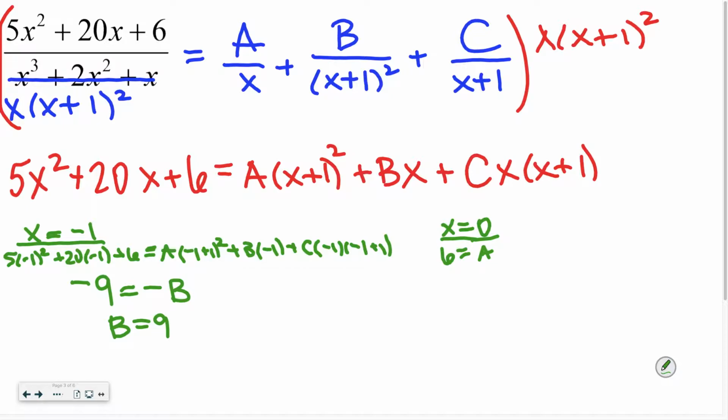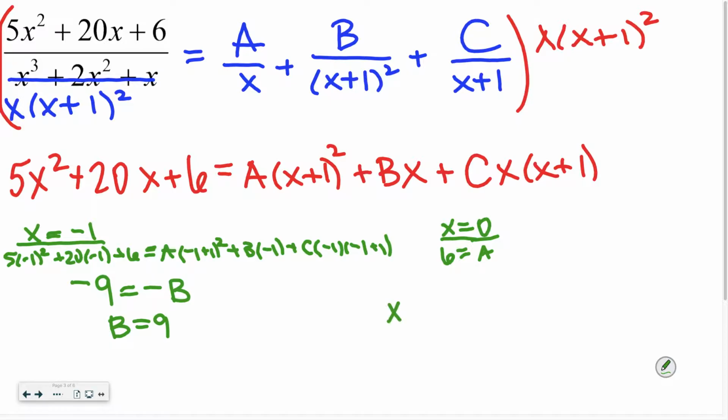If we plug in A and B, does it really matter what we plug in for x? We can choose a different number for x, knowing that we have all of the other constants. Let's think of a number that would be easy to plug in that was not negative 1 or 0. 1 is a nice number to plug in.